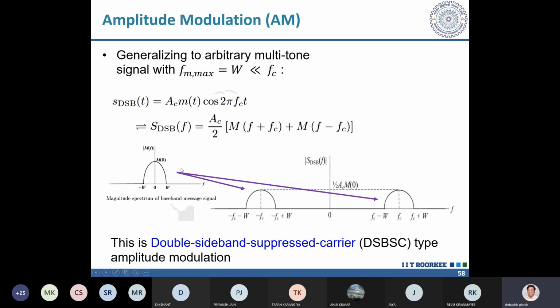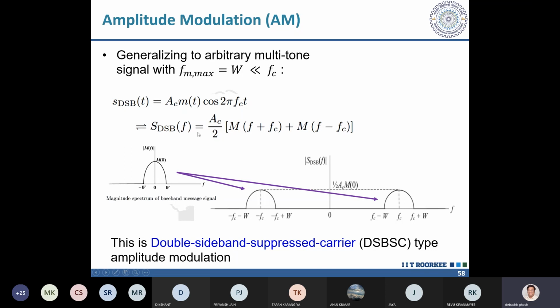So we will have the spectrum looking like this. This is my original message signal spectrum, and after modulation the spectrum will look like this. This is the positive frequency spectrum, and this is the corresponding negative frequency spectrum.